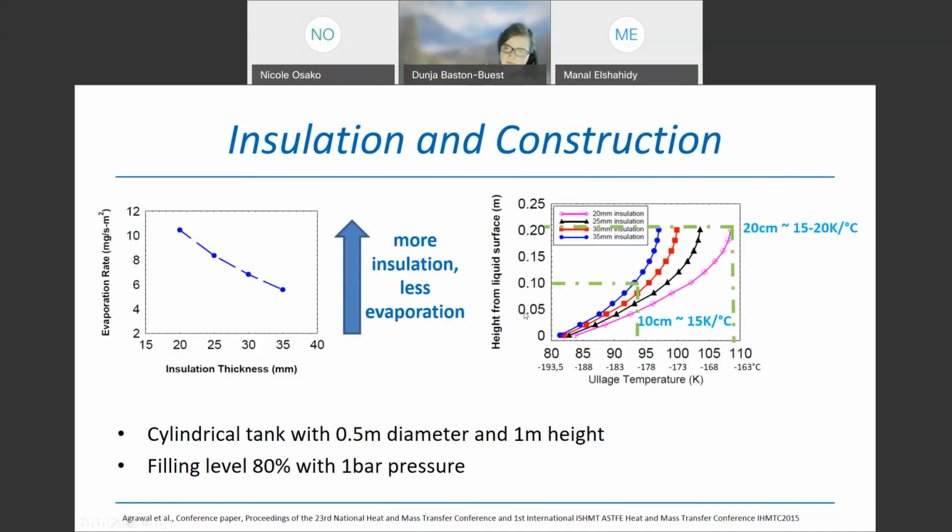And if you have a distance between the liquid surface and the sample of about 10 centimeters, you will lose about 15 degrees Celsius. And if you lift it about 20 centimeters, you will have about 15 to 20 degrees Celsius below 196 degrees Celsius. So it's still in saturation, but you just need to keep in mind that there is a loss of temperature.